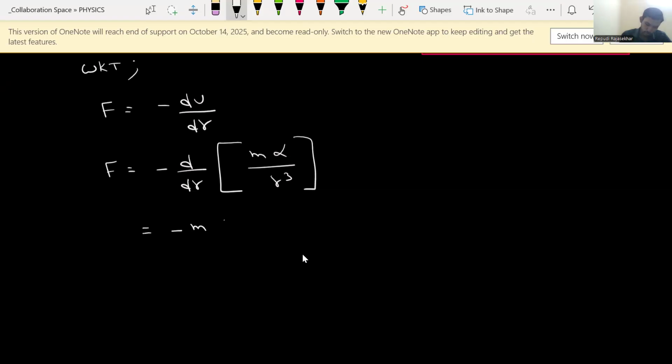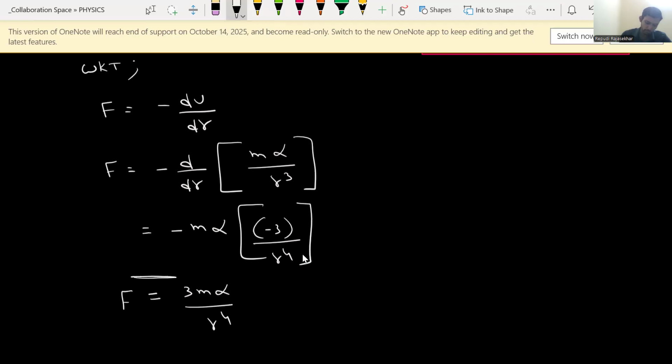Minus m alpha is a constant, and d by dr of r to the power minus 3: that minus 3 comes here, and this becomes r to the power minus 4, so we can write directly r to the power of 4. Minus of minus becomes plus, so this becomes 3m alpha divided by r to the power of 4. This is the force acting.